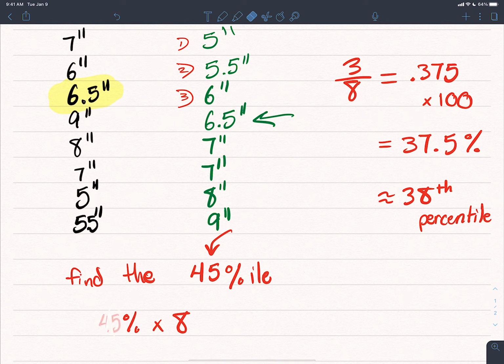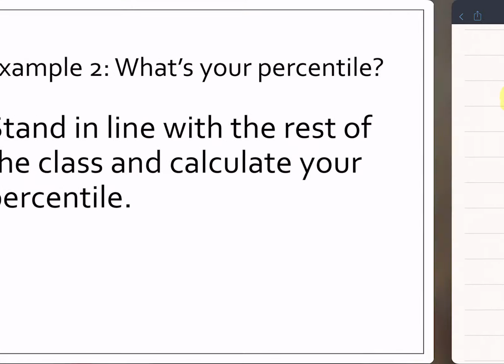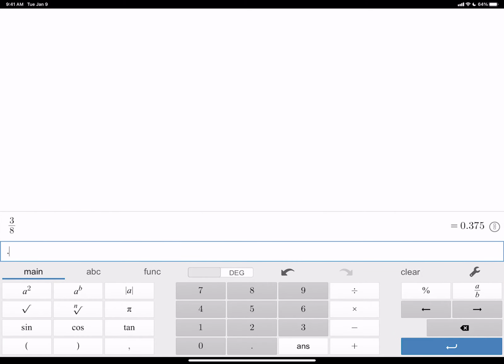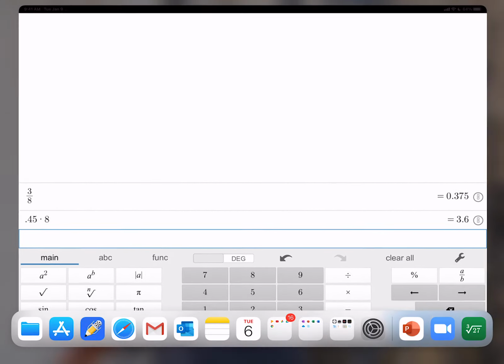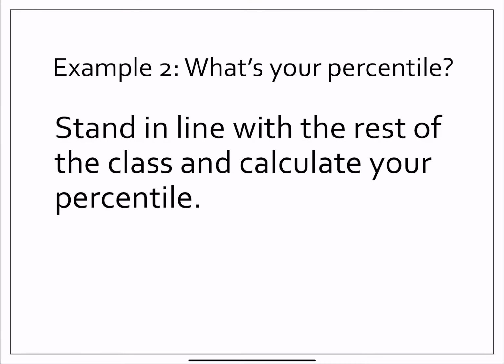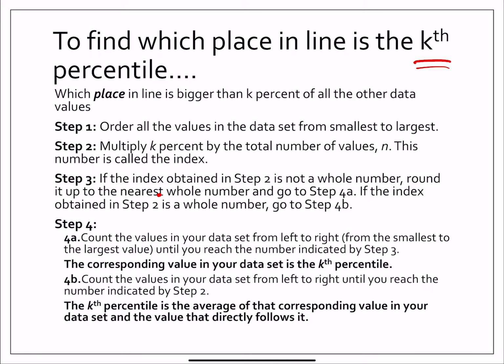So that's what we'll do first. 45% as a decimal is 0.45, and we're going to multiply that by 8 to get our index. 0.45 times 8, and we get 3.6. Now we have 3.6. That's our index.